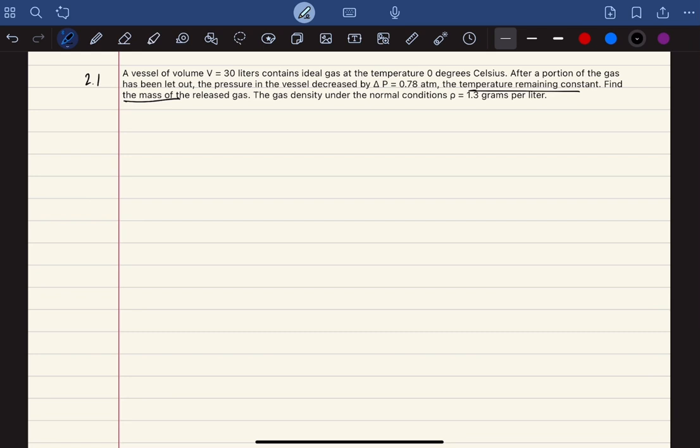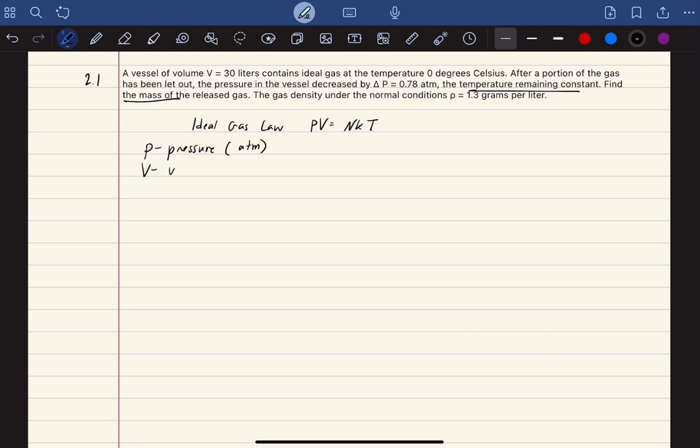Whenever we see volume, pressure, and temperature, we know we're going to use the ideal gas law, which is PV equals NKT. First of all, it's important to label what all of these things mean. P is pressure, measured in atm.